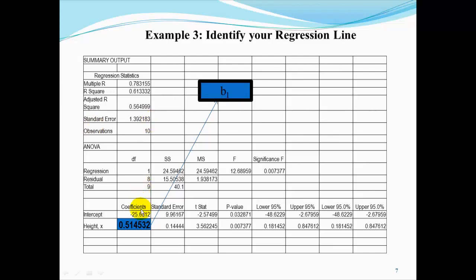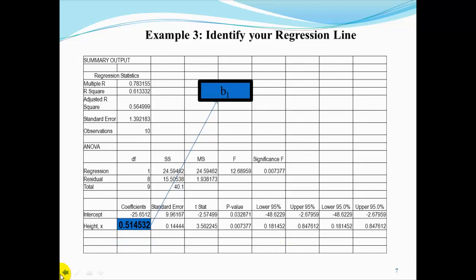Below our intercept is our slope, and it's right next to your independent variable. Our slope, or B1 value, for this problem is 0.5145.